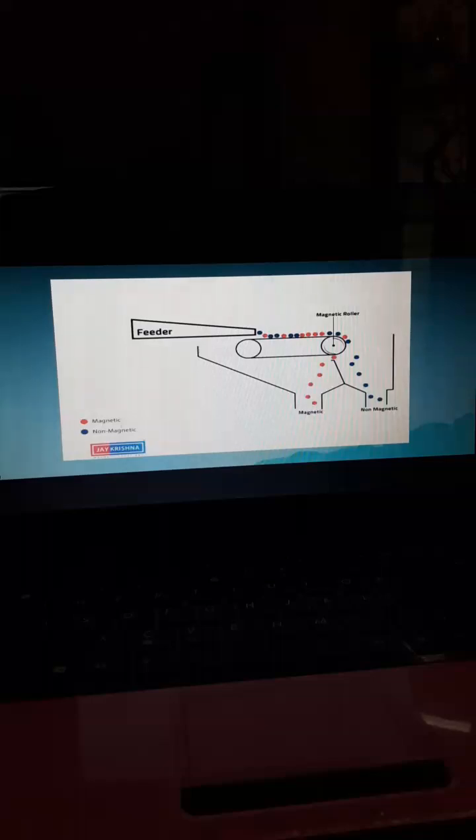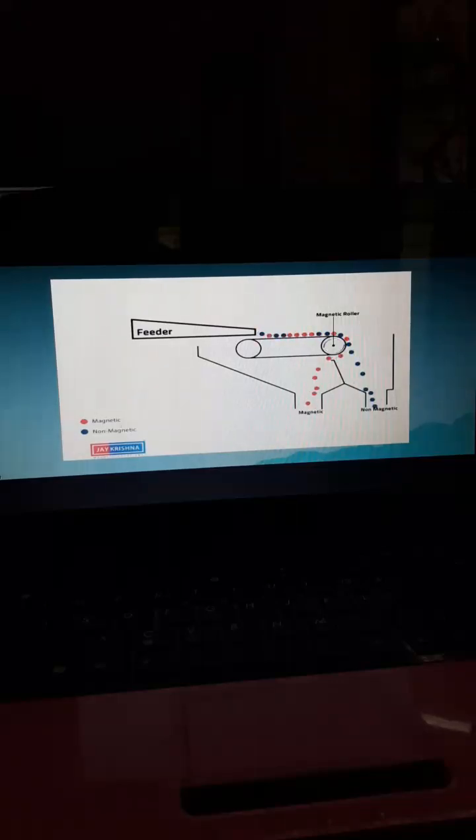Blue color is non-magnetic substances and red color is magnetic substances. If you want to collect magnetic ores like the ores of iron and titanium, then you can apply this process.